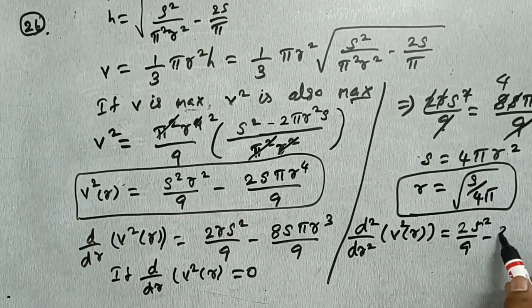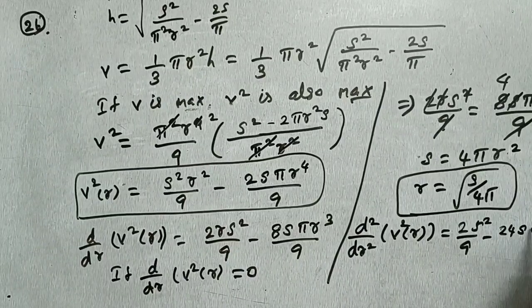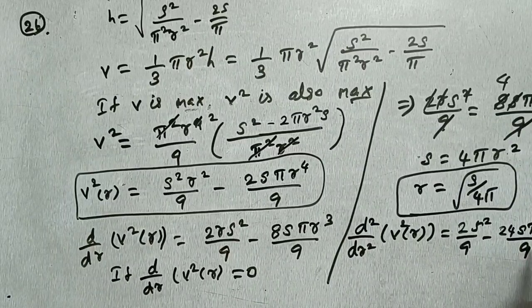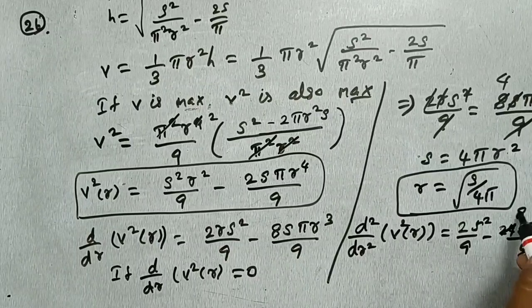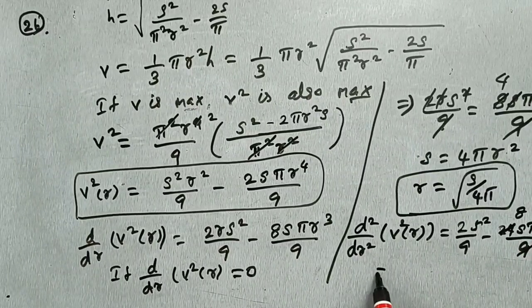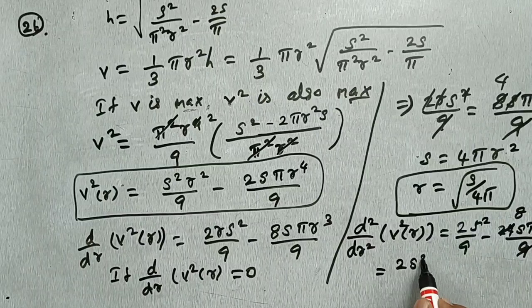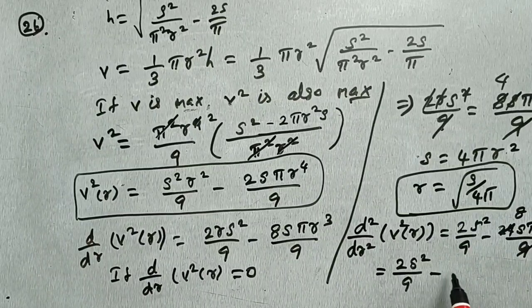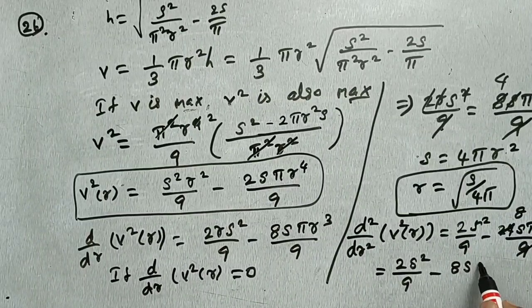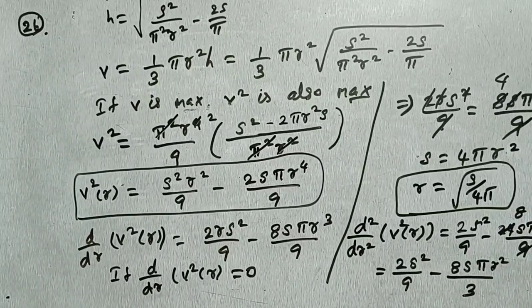So 24 into S into pi into R square divided by 9. This I can cancel: 3 times I can cancel, 8 times will be remaining. So our second derivative is 2 times S square by 9 minus 8 times S into pi R square divided by 3.